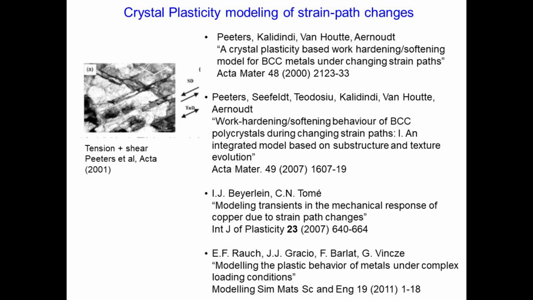Then most models just break down, because it is easy to adjust things for monotonic, but you need to capture what is going on when you reverse or change the sense of loading. And so that is the real test of a plastic model. Can it handle changes in strain path?